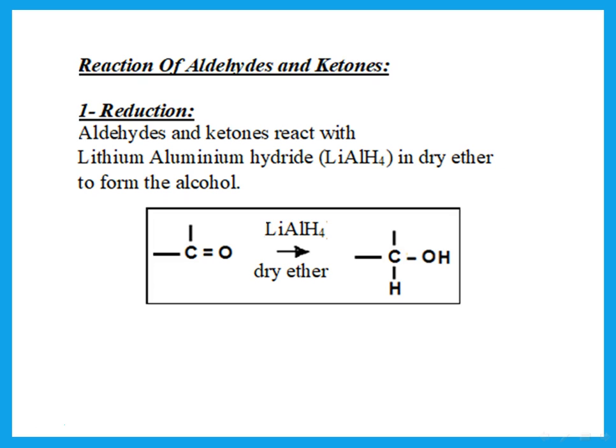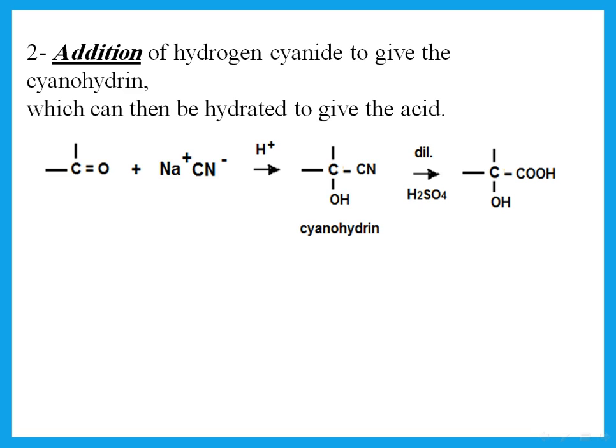Okay. Reactions of aldehydes and ketones. If I have an aldehyde or a ketone and I put a reducing agent like lithium aluminium hydride in dry ether, it will reduce the aldehyde or the ketone to form an alcohol. So this is actually how we get an alcohol from an aldehyde and ketone. Remember, this is lithium aluminium hydride in dry ether. Or I could add hydrogen cyanide. So an aldehyde or a ketone would react with hydrogen cyanide.